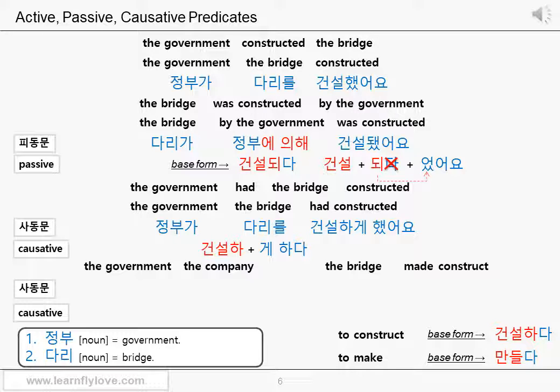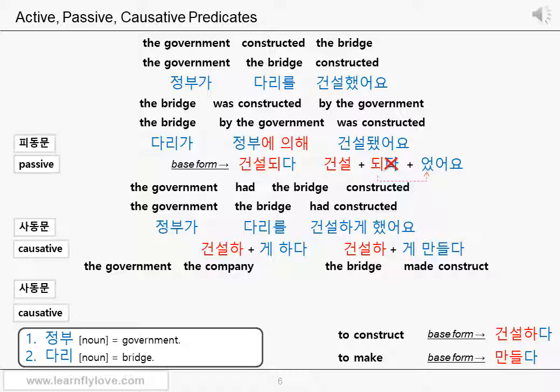When you want to say that you make someone do something, you can actually use this verb 만들다 to mean to make in the form of 게 만들다. Again, you can use 게 만들다 instead of 게 하다 in most of the cases when you want to say you make someone do something. Let's add 게 만들다 to the stem 건설하.